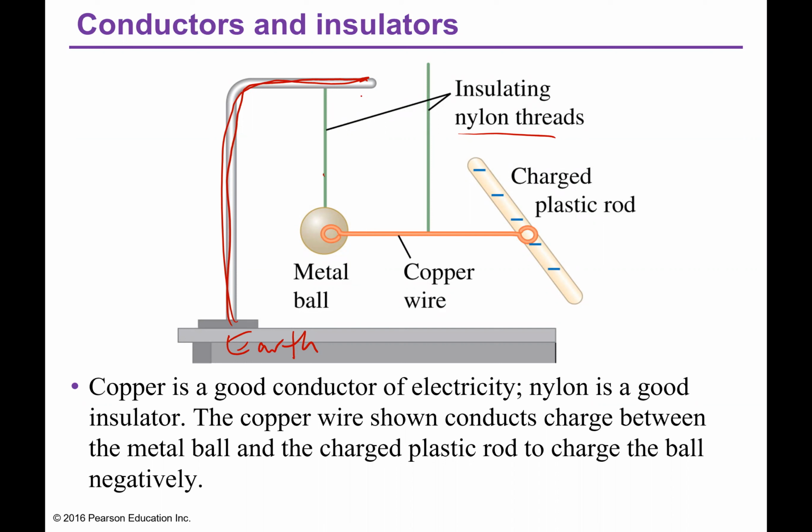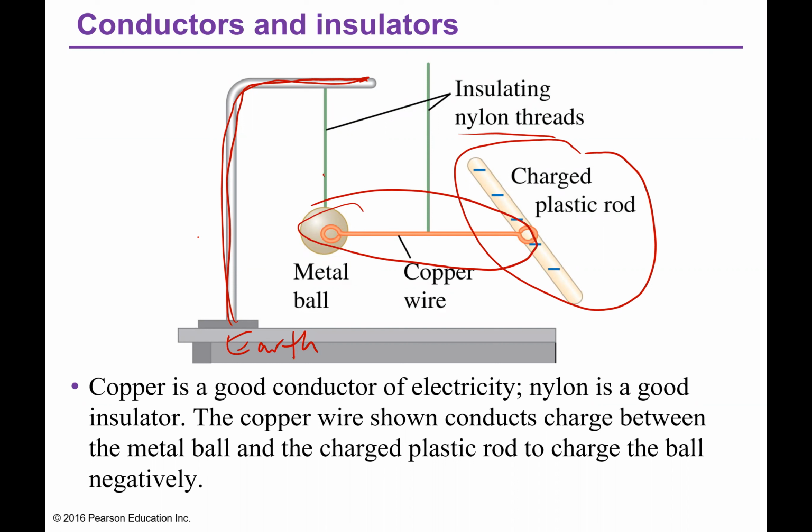All right, so what I'm going to do here is bring a charged plastic rod and connect the negatively charged plastic rod to the metal ball with another conductor. This copper wire is a good conductor, so I'm connecting those two together.